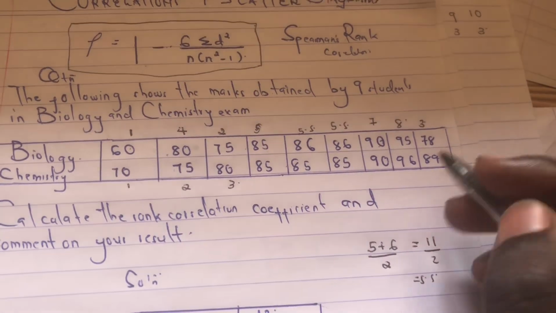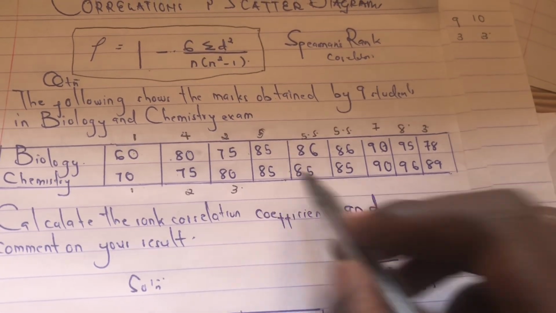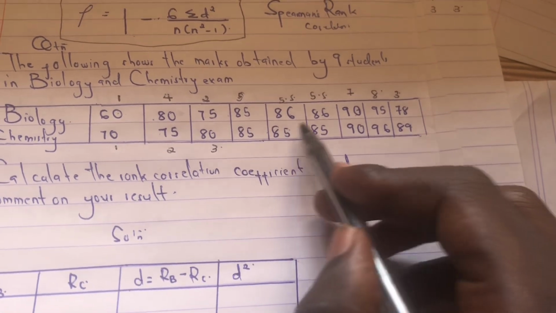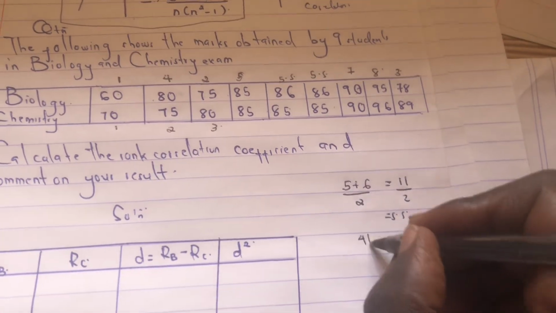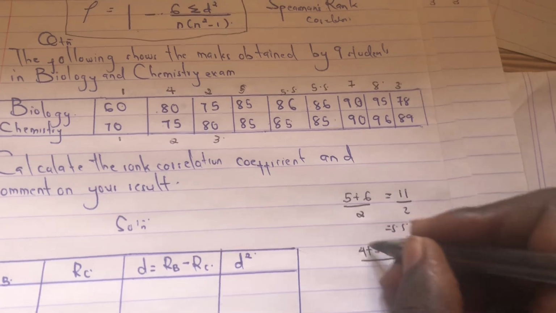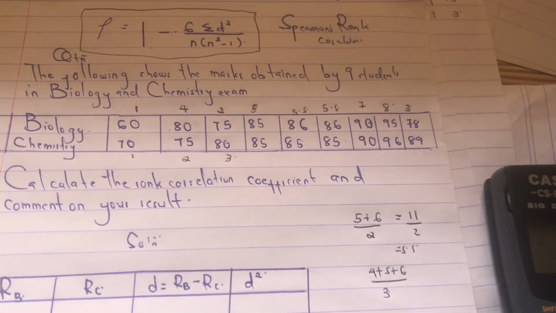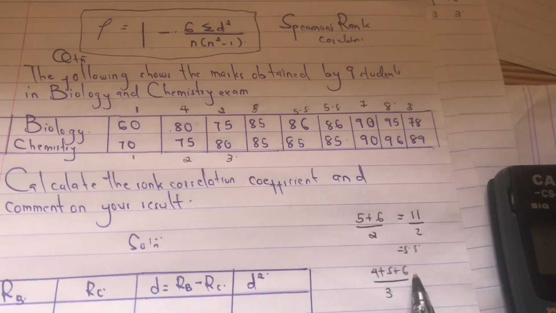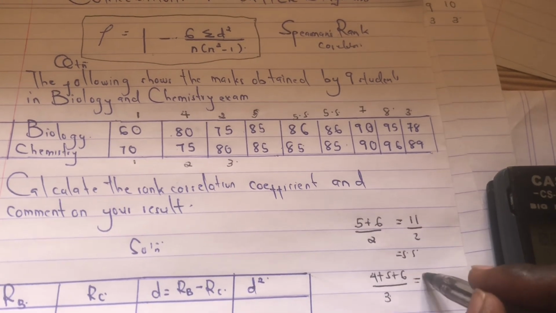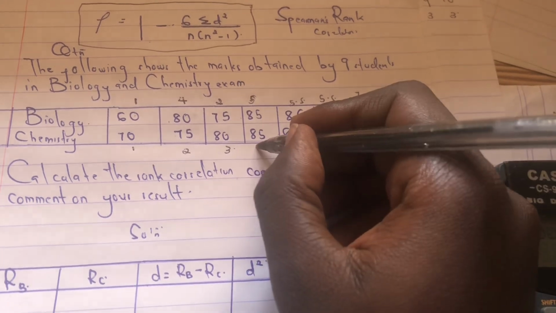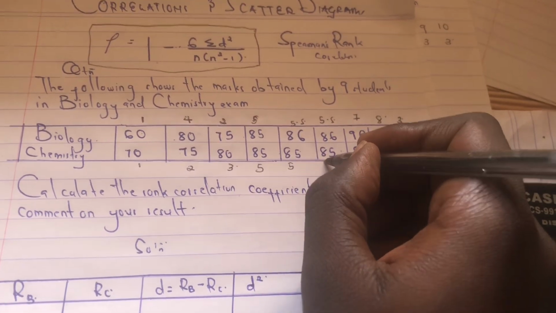Then we have 85. So 85 would take the position of 4, 5, 6. So you get 4 plus 5 plus 6. This time they are 3, so divide by 3. When you get 4 plus 5 plus 6, that is 15 over 3, giving you a 5. That means here we shall write 5, 5, and 5.